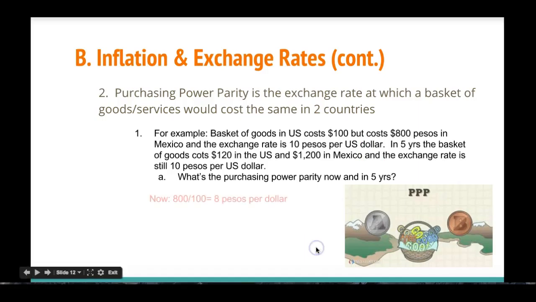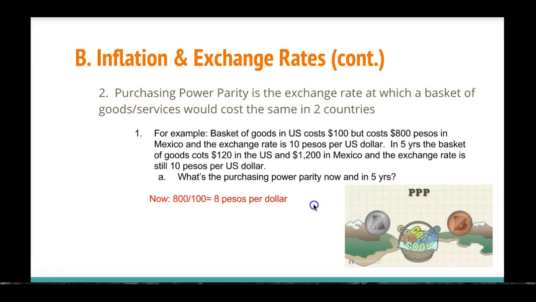Now, 800 pesos or $100 is going to buy the same market basket. So 800 divided by 100 tells us that 8 pesos per US dollar should be the exchange rate so that we can get the same items either in the United States or in Mexico. That's what the exchange rate should be.